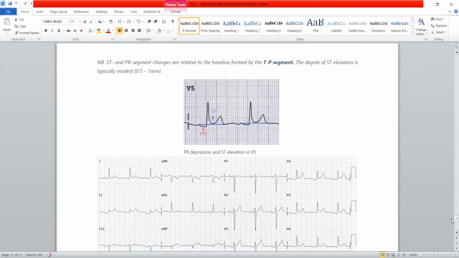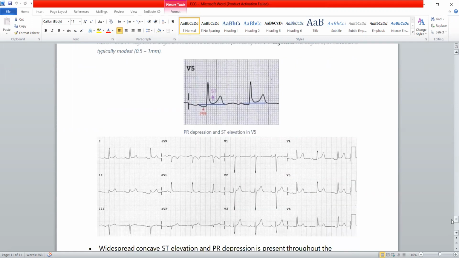Now this is an ECG of pericarditis. You can see the saddle-shaped ST elevation here. Just see, here is our reference line. The PR segment is depressed in this one, and this one, and in this one as well.